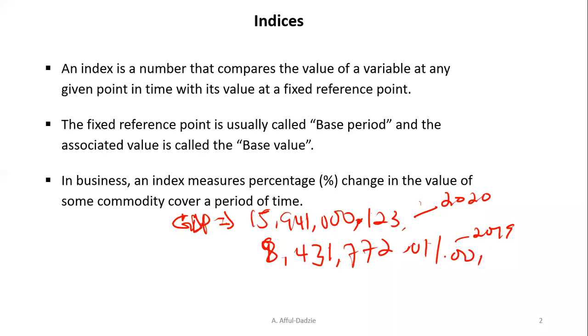That's a period of 10 years. Over the decade, we can choose 2010 as the base period. When we say 2010 is the base period, this means that we would compare all the other years against what has happened in 2010. So 2010 is our base period.